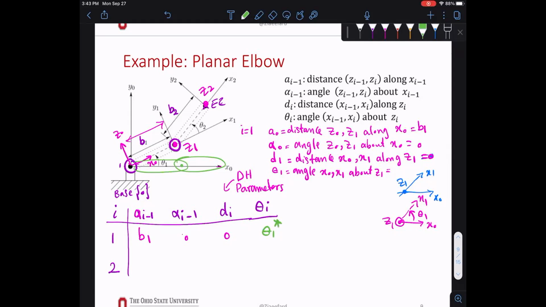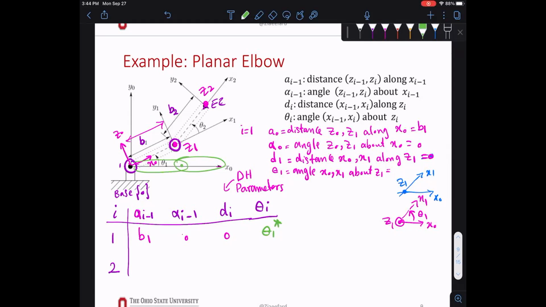Now, we also know because this is a revolute joint, theta 1 has to appear. That's where theta 1 appears. So if this was a prismatic joint, we know that we would not have a variable for theta. All right. Now, let's do this for joint 2. See if we can find that. Can you find all the DH parameters for joint 2?